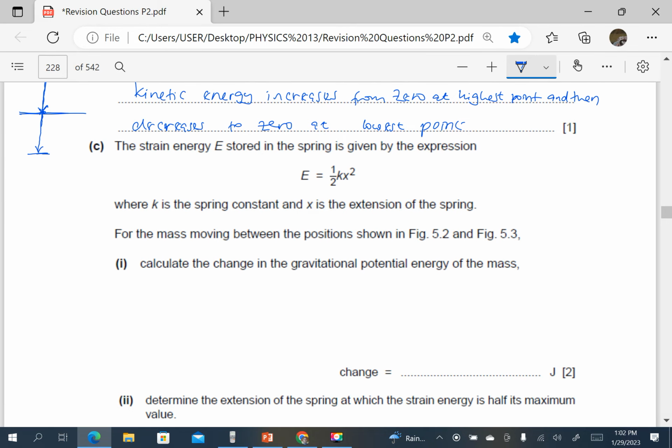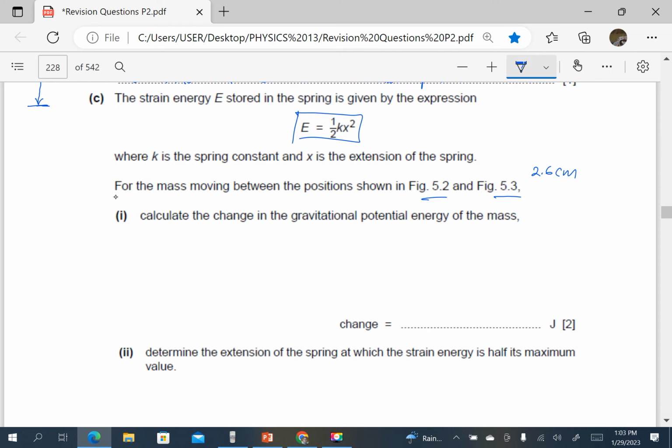The strain energy E stored in the spring is given by this expression, where k is the spring constant and x is the extension of the spring. For the mass moving between the positions in figure 5.2 and 5.3, where the extension is 2.6 centimeters, calculate the change in the gravitational potential energy.